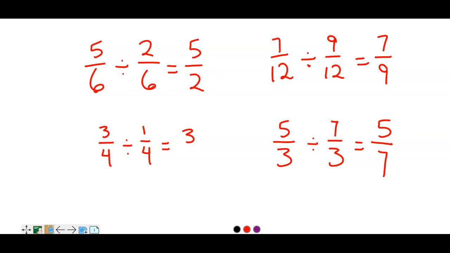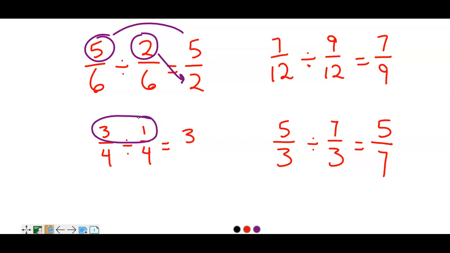Okay, here is one thing that a lot of kids will say. I see 5 divided by 2, and then this is in our answer right there, 5 divided by 2. We see that in all of these, in fact. If you look at the two numerators, 3 divided by 1 equals 3. And 3 can be written as a fraction, just like that, we see the 3 and the 1 here.